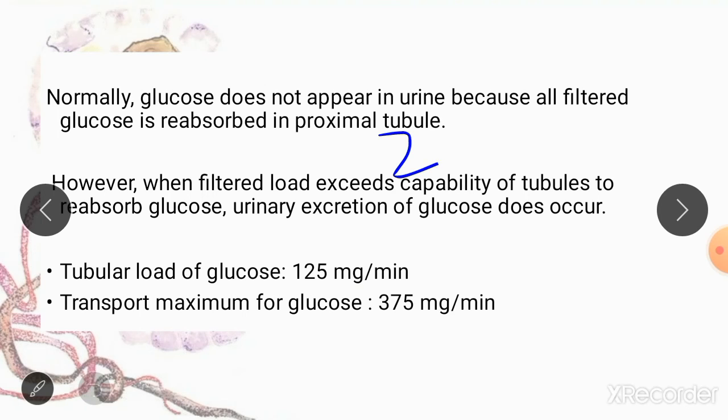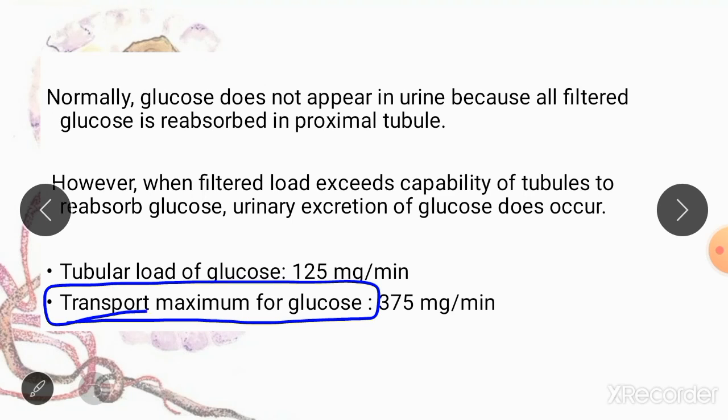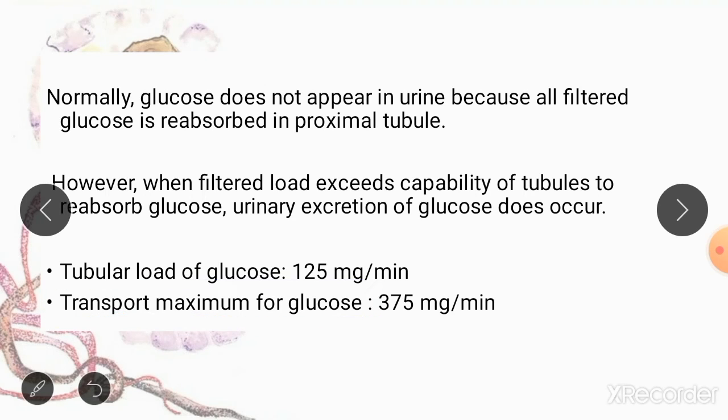The threshold for glucose is around 200, and then when the transport maximum of all of your nephrons is reached and no more glucose is going to be reabsorbed and all of it is going to appear in the urine, this is known as 375 milligrams per minute, and it is known as transport maximum of glucose.